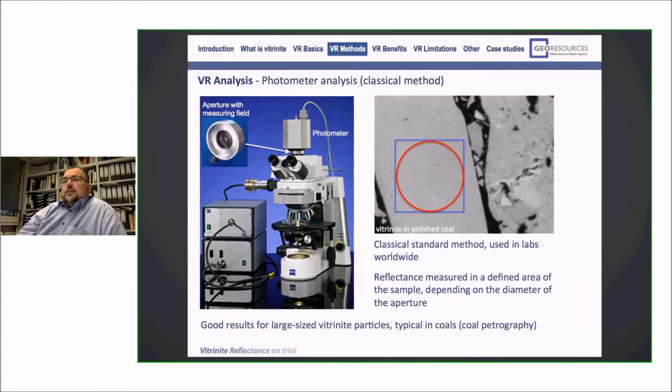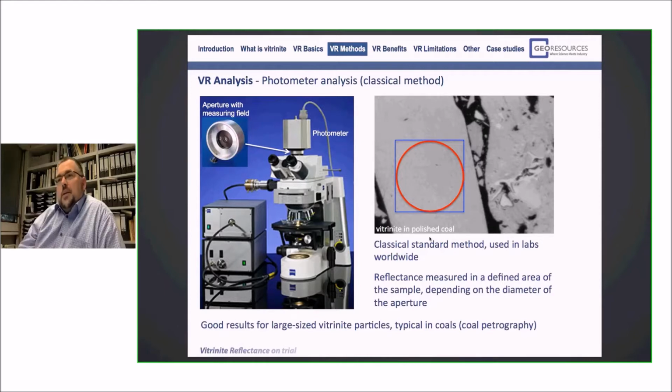This means it's not just one point that you measure, it's a whole area. In this defined area, the total reflectance is analyzed, and the area depends on the diameter of the aperture, which is often between 50 to 100 microns.